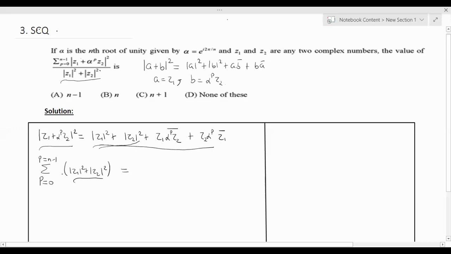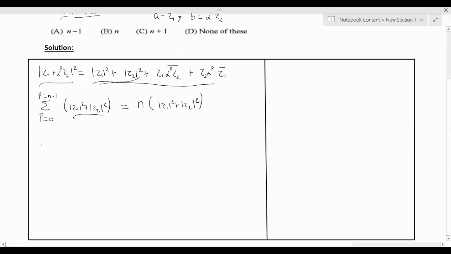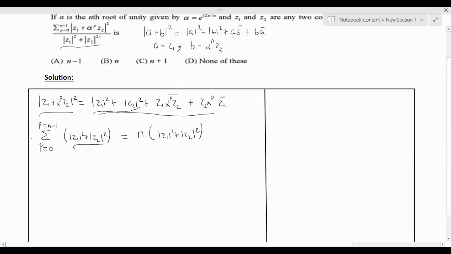When you put p equals to 1, second time you will write. It will not change the term because it does not have any dependency on p. So you will end up getting simply n times the same term, which is modulus of z1 square plus modulus of z2 square. Observe this very carefully, digest it, and then proceed for the third term, because that is the essence of the problem.